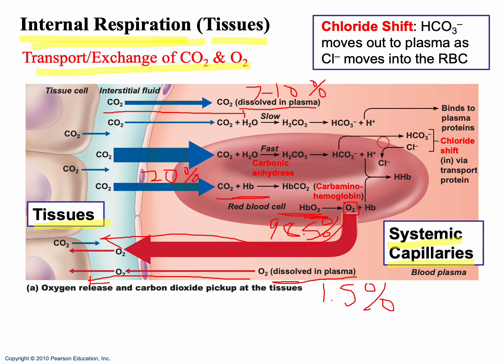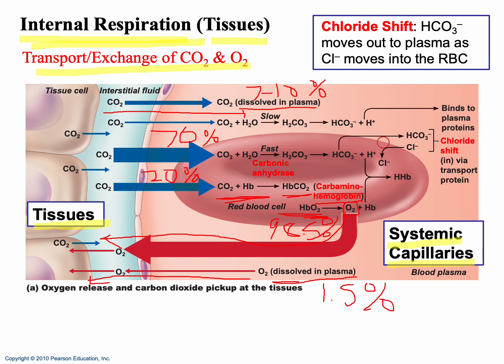CO2 will combine with hemoglobin, ultimately forming carbaminohemoglobin. As that structure is made, that is 20% of CO2 that goes that route.